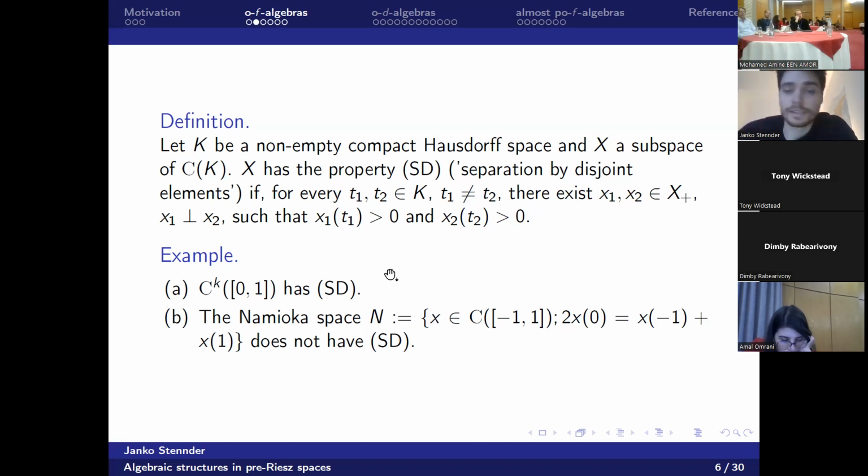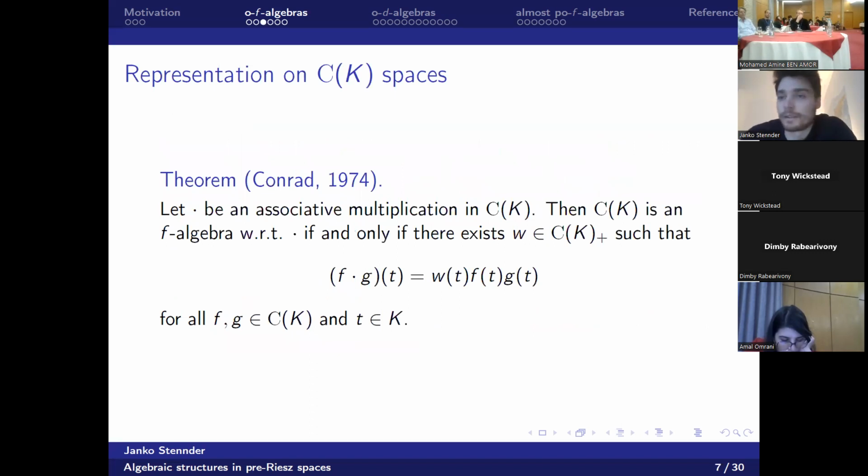And this property SD will play a huge role in many of my results concerning OF algebras and almost OF algebras. And I want to begin by showing some representation theorems on C(K) spaces.